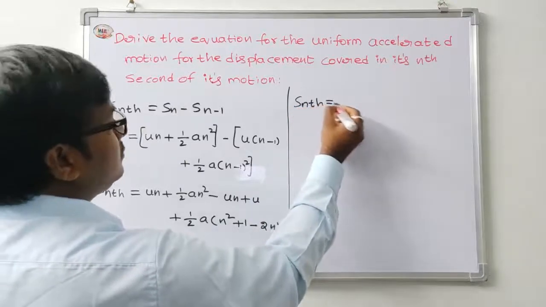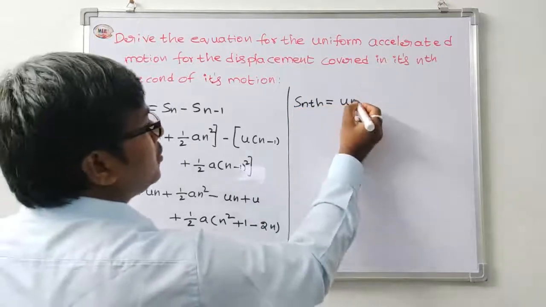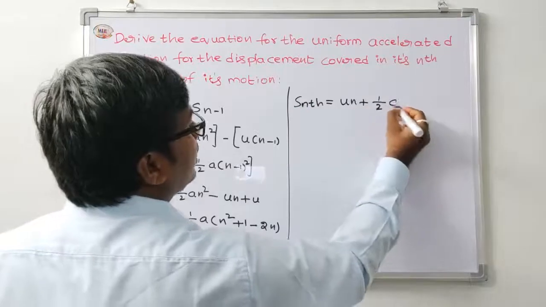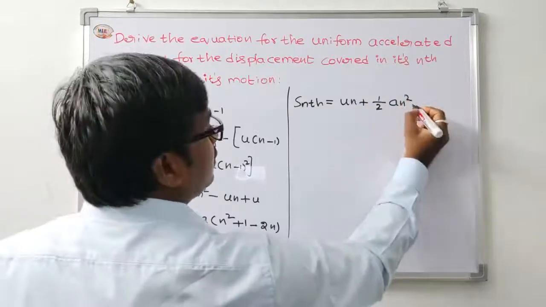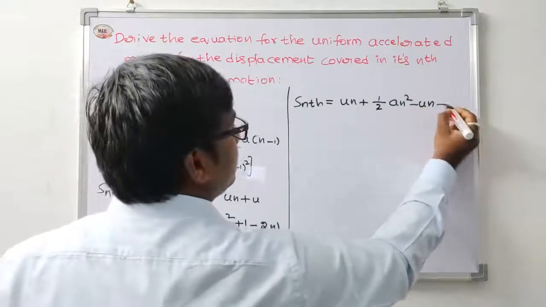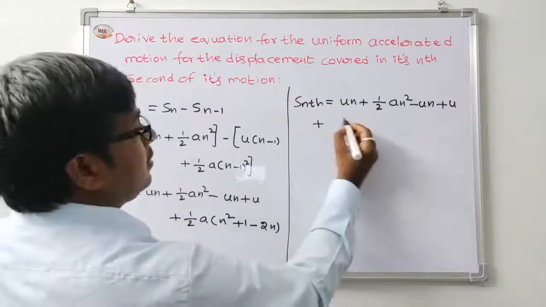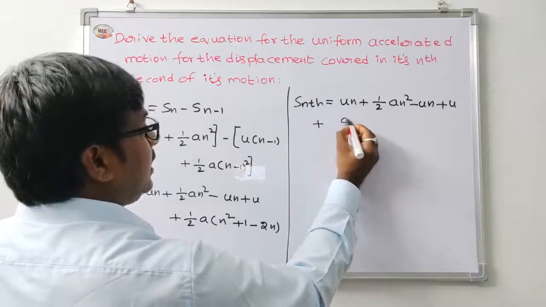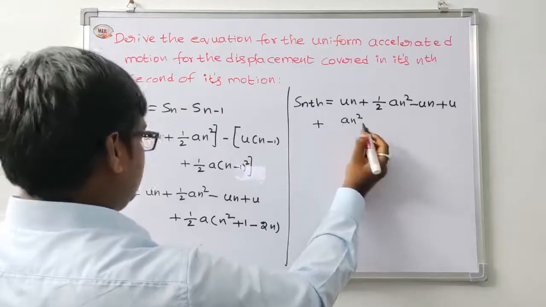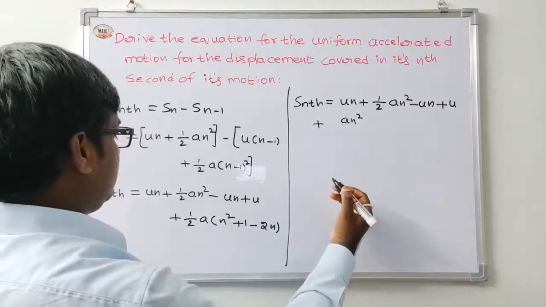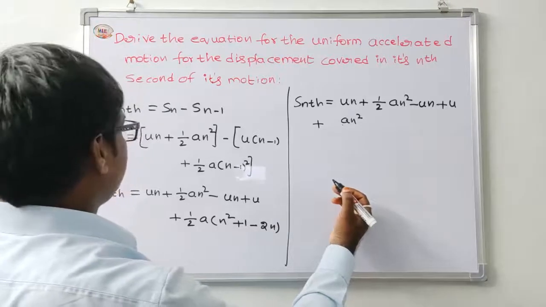Sn is equal to un plus half an square minus un plus u plus an square by 2.